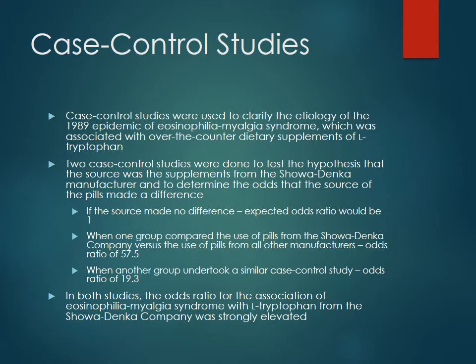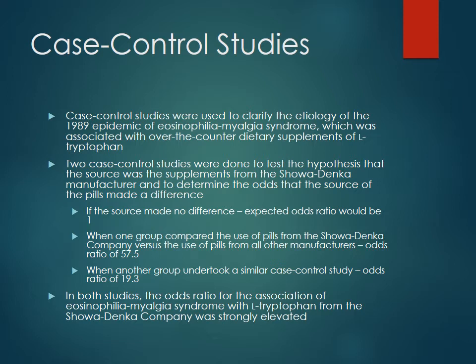So two case control studies were done to test the hypothesis that the source was the supplements from this Showa Denko manufacturer, and to determine the odds that the source of the pills made the difference, right? Again, we're looking at odds because we're looking retrospectively in a case control study. If the source made no difference, the expected odds ratio would be 1. It doesn't matter what source you're getting the supplement from, your odds of developing the outcome are still 1.